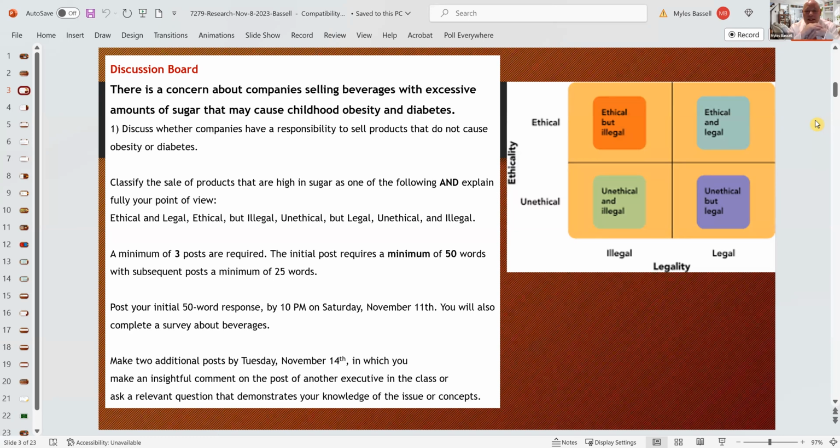But when you think about your response to this topic, think about it also in relation to other products that are sold. And if you think, well, you know, obesity is not that bad, and that's part of your rationale, you say, well, if people would die, then I would say the company has a responsibility. But if somebody drinks a beverage that has excessive amounts of sugar and they don't die instantaneously, then I'm okay with that. So think that through.